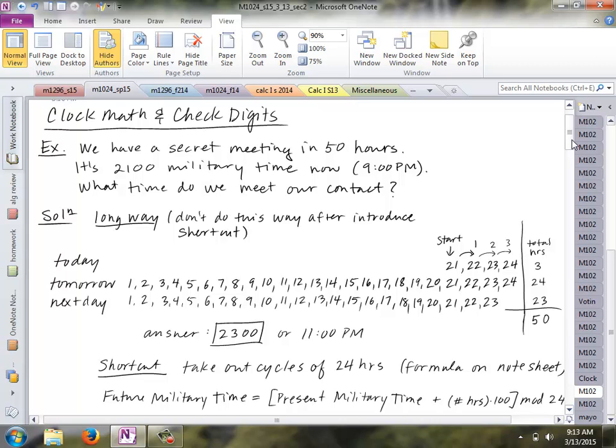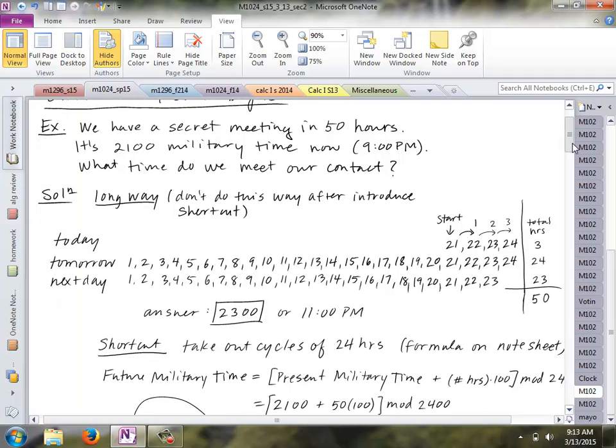So anyway, if we are meeting our contact in 50 hours and it's 2100 military time, I'm just going to shorten it and say it's 21 hours. If I counted, there'd be 3 hours left in the present day, then we go through a whole cycle of 24 hours for the next day, and I'm still not at 50.